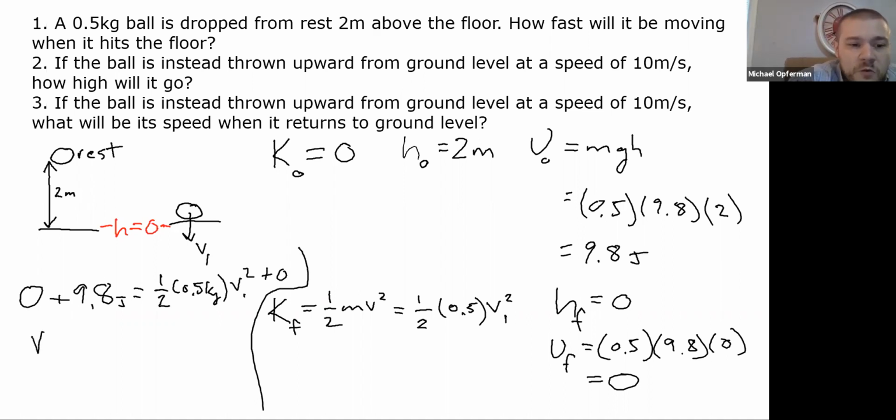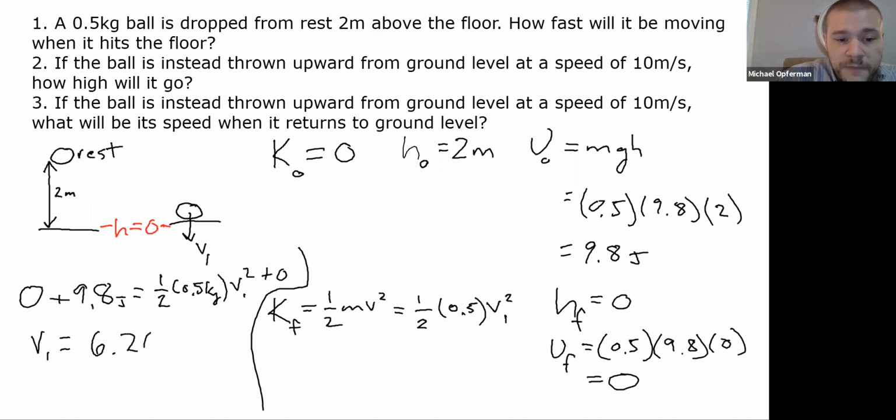So that means V1 is going to be the square root of 9.8 times 2 divided by 0.5. And that gives me 6.26.